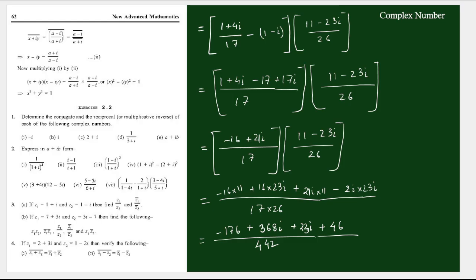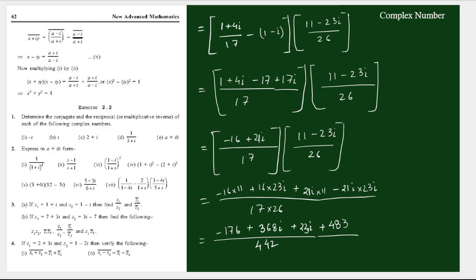And this will not be 46. It will be 21 into 23i. So 21 into 23, it is 483. So i square is minus plus. Perfect.